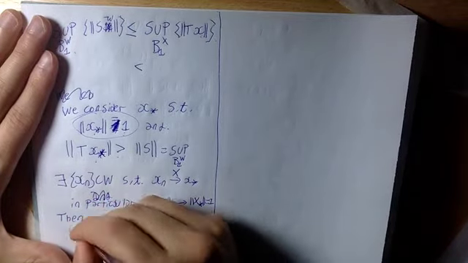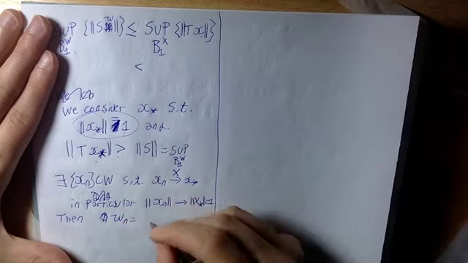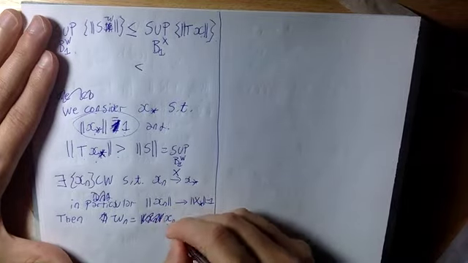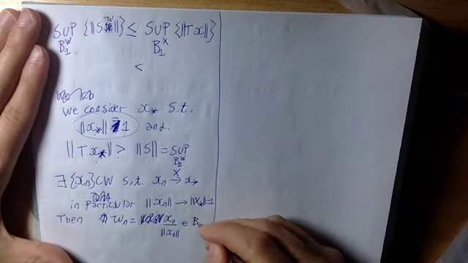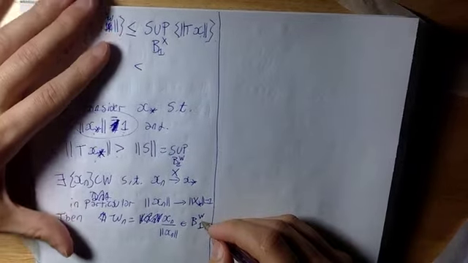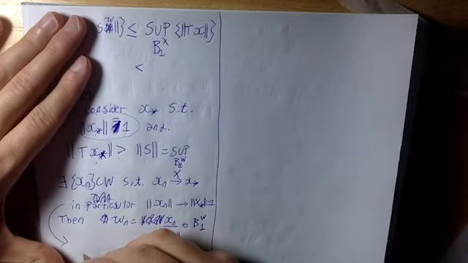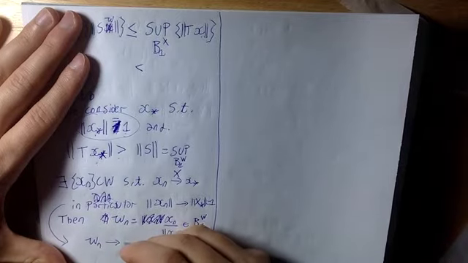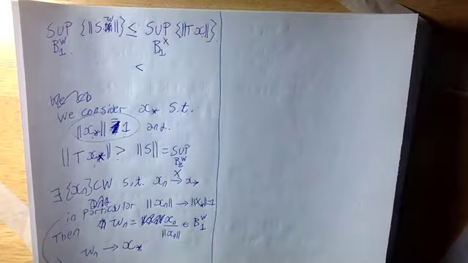So then what we can actually show is that if we take omega_n, which is equal to x_n over the norm of x_n, this is actually in the ball of radius 1 of W. And what other property do we have? Using this property here, we have that omega_n converges to x star. Okay?